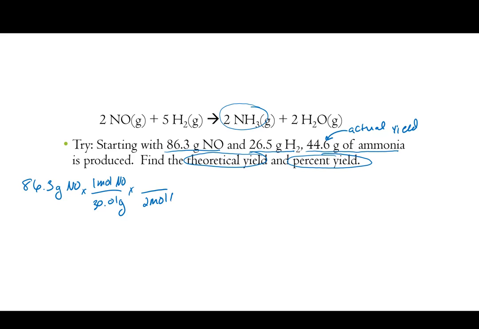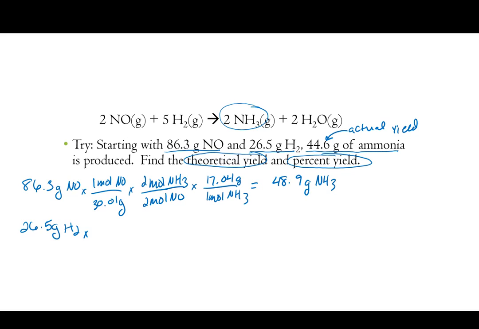So 2 mole NO, 2 mole NH3, 1 mole NH3, 17.04 grams. So if I used up all of my nitrogen monoxide, I would make 48.9 grams of ammonia. Let's find out if I used up all of my hydrogen, how much ammonia I would make.